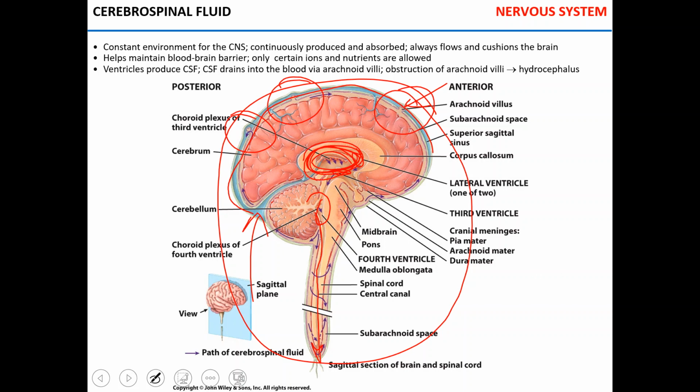If arachnoid villus is blocked or multiple arachnoid villi are blocked, then cerebrospinal fluid has no space to drain into, and that leads to the condition known as hydrocephalus, accumulation of the fluid around the brain. Hydrocephalus leads to the increased pressure on the brain, may lead to severe damage to the brain and even death if the fluid is not drained properly.